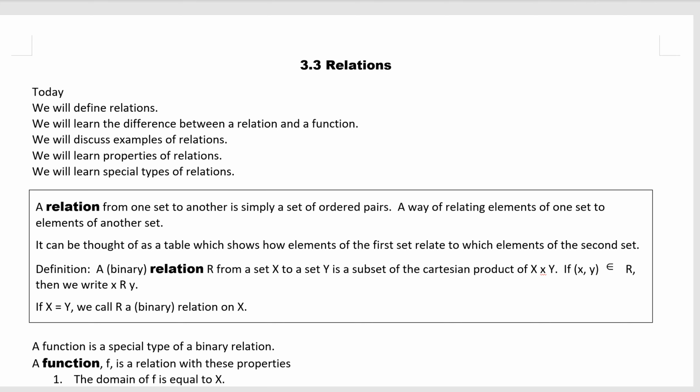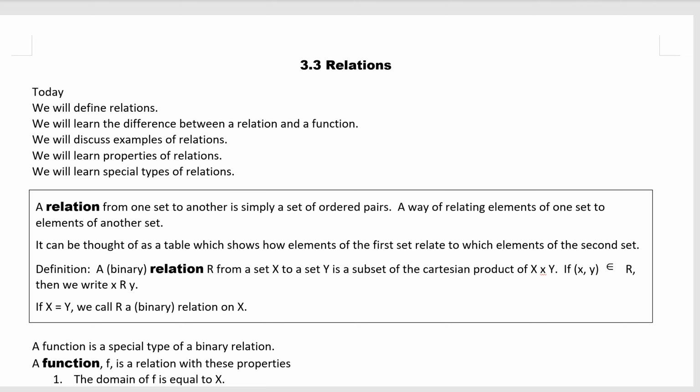A relation from one set to another is simply a set of ordered pairs, a way of relating elements of one set to elements of another set. It can be thought of as a table which shows how elements of the first set relate to elements of the second set. And here is its formal definition.